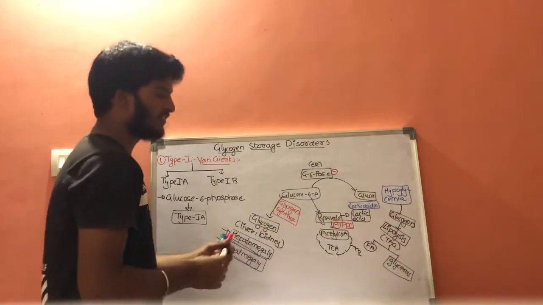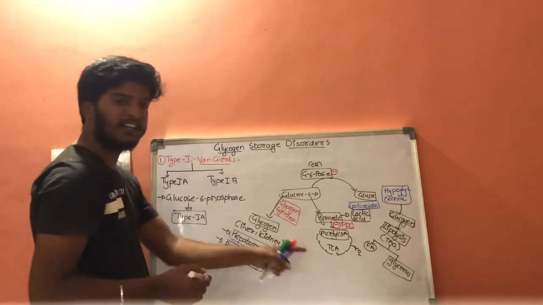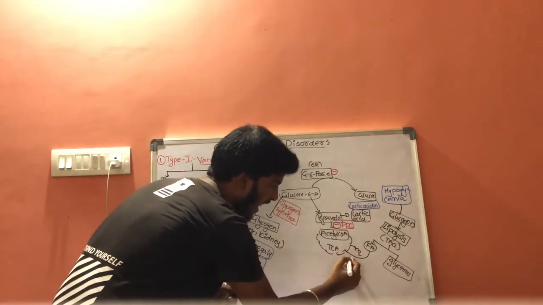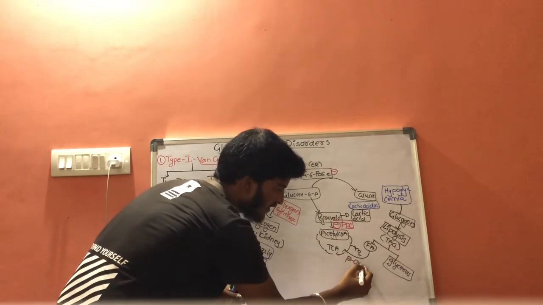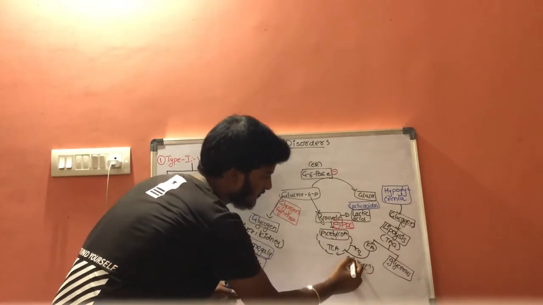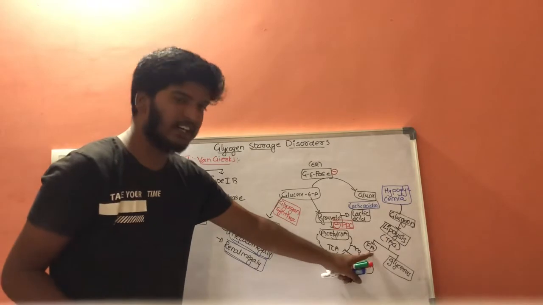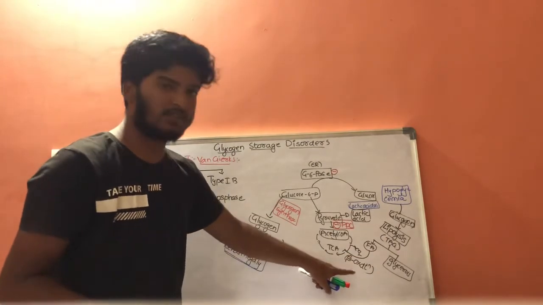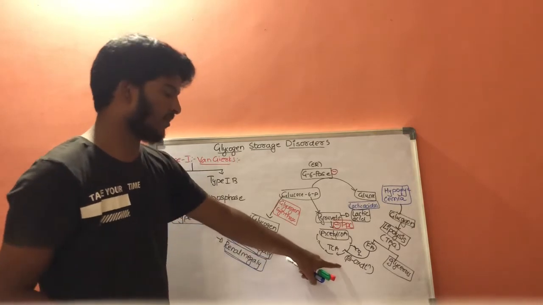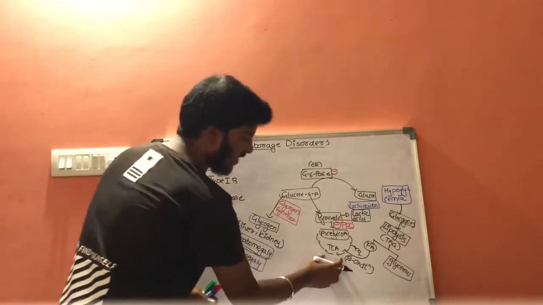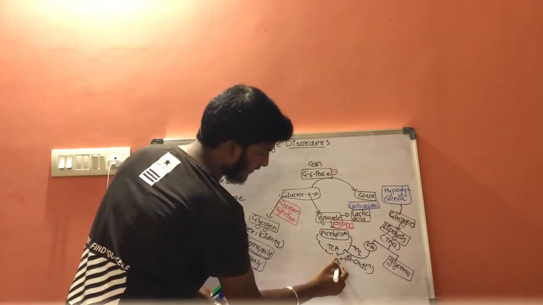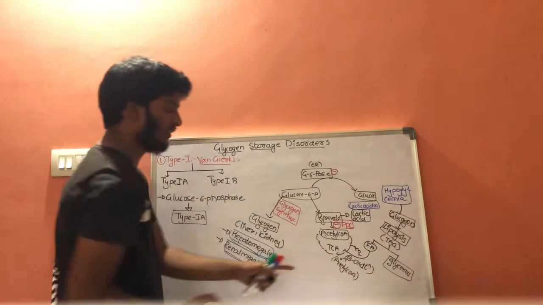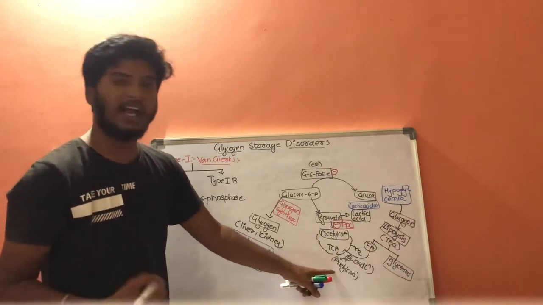Now, these fatty acids will enter into the mitochondria and undergo beta oxidation. Whenever it undergoes beta oxidation, it forms acetyl-CoA, which will be in higher amount.